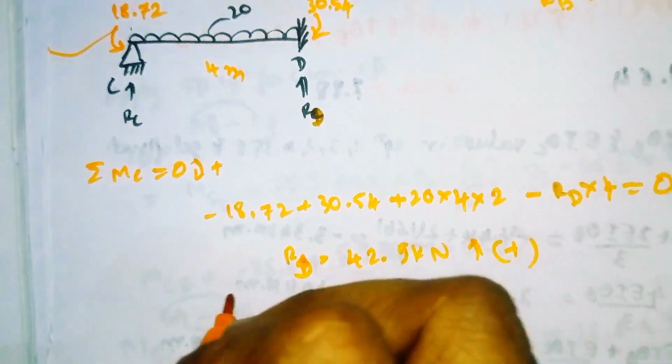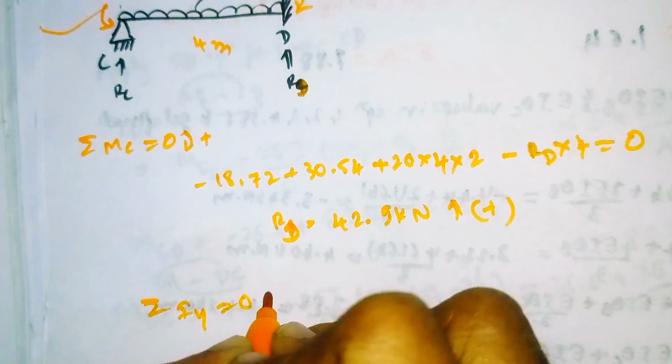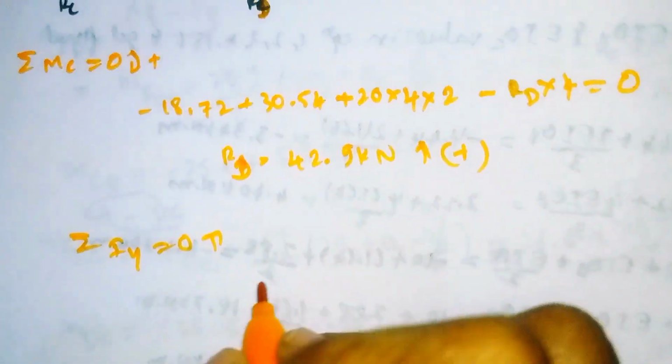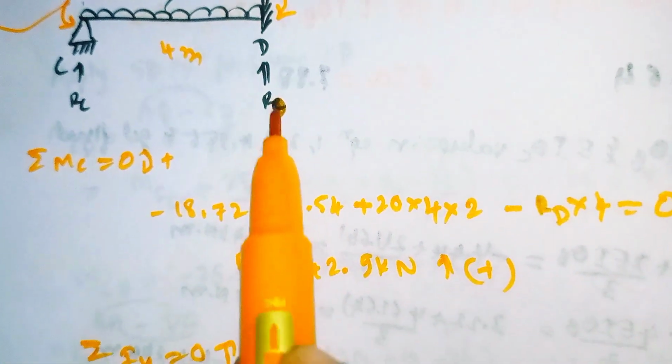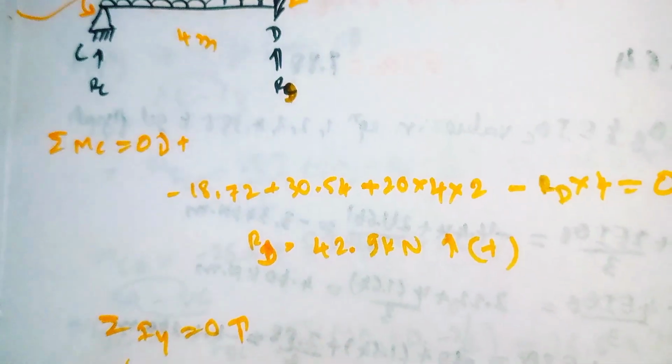Now for the RC value. Summation of all the vertical force is equal to 0, upward positive. So here RC and RD are upward and the UDL is downward.